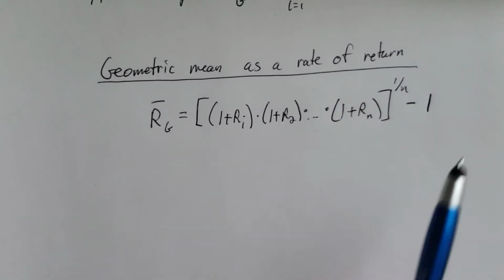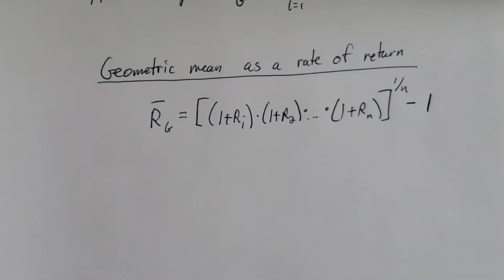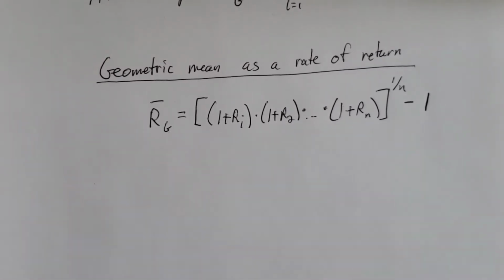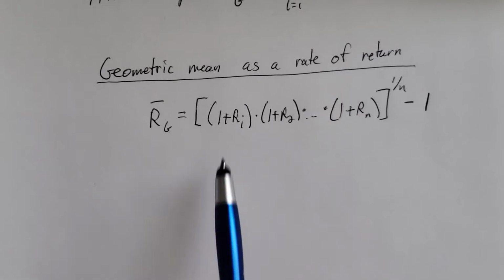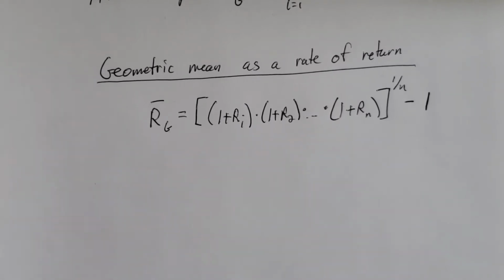That's just a little trick we have to do to make sure we don't deal with any negatives here, because these rates of return are generally between -1 and +1. And so we add 1 to each of these values in order to avoid any negatives multiplied in here.